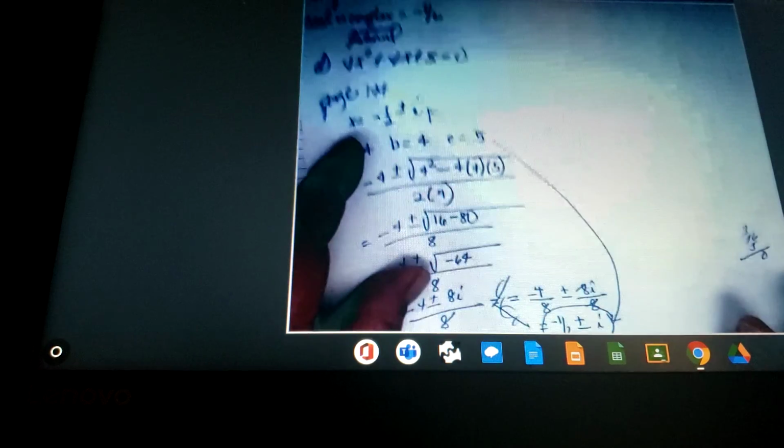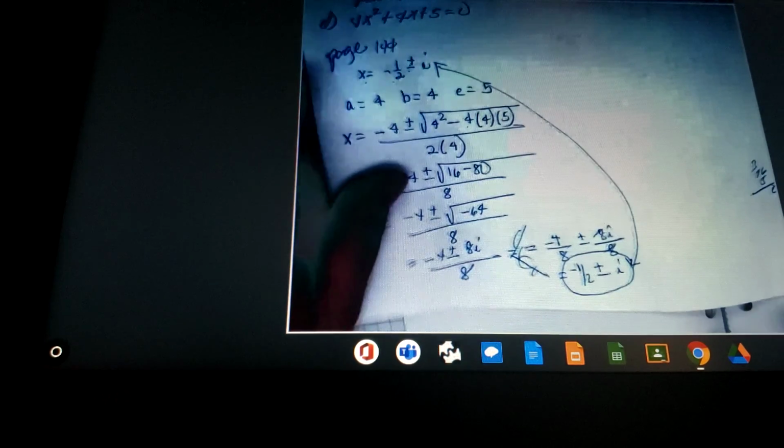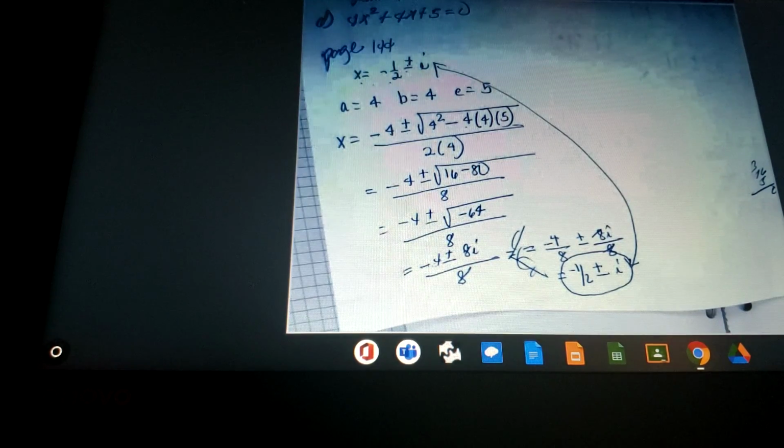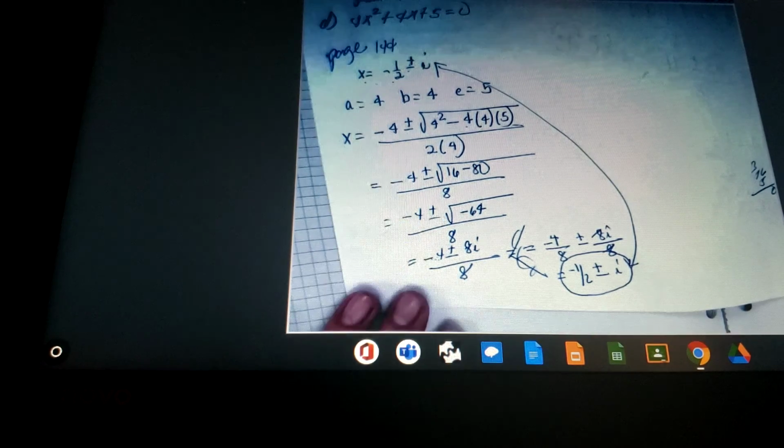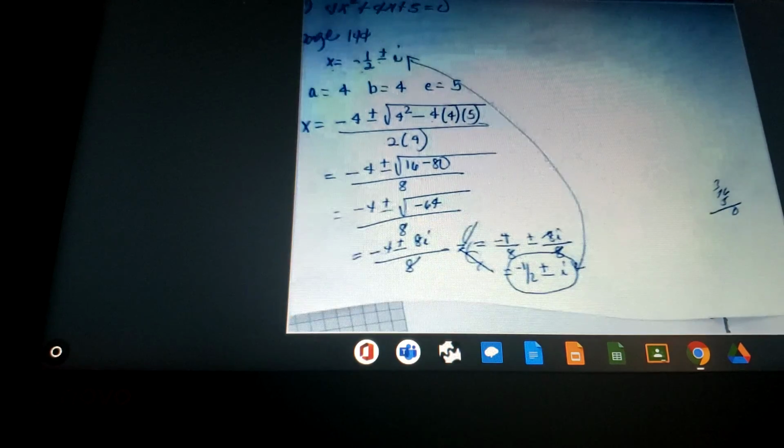Class, did you see how we get negative 1/2 plus minus i? 4 and 8 are divisible by 4.